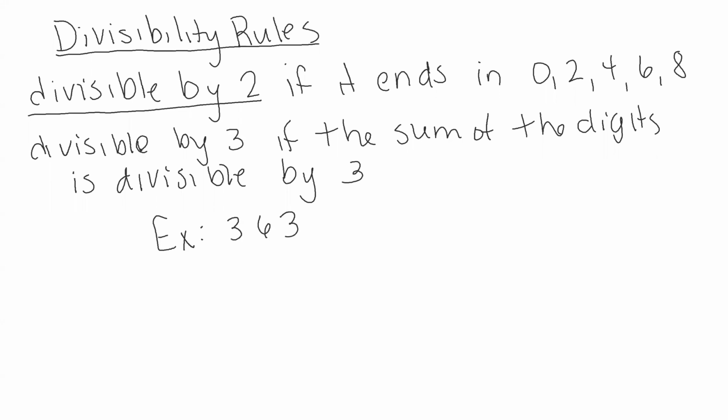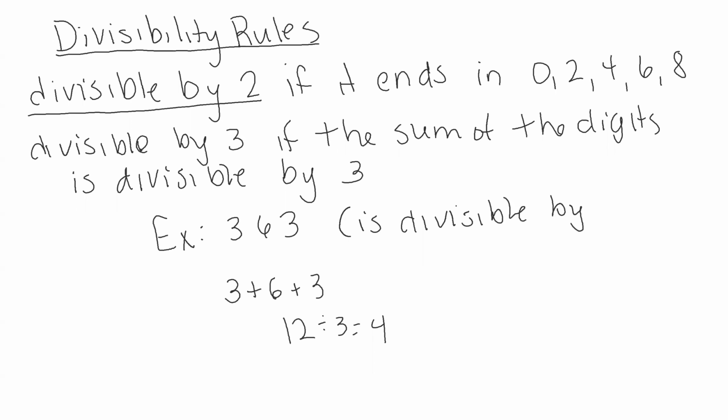We want to know, is 363 divisible by 3? Well, we take the sum of the digits. 3 plus 6 is 9, plus 3 is 12. And then the question is, can I divide 12 by 3 and get a natural number? Well, yeah, I can, because 3 into 12 would equal 4. So this is divisible by 3.